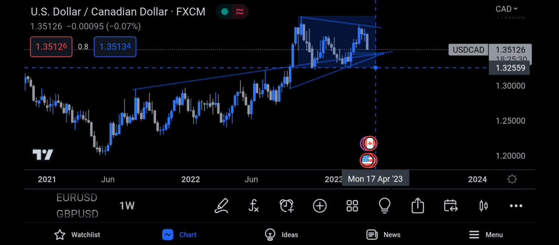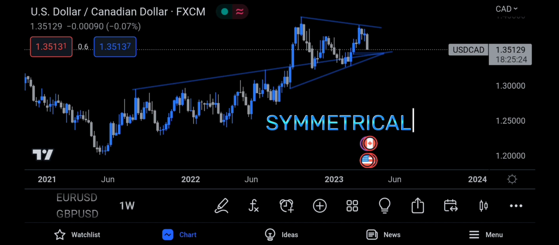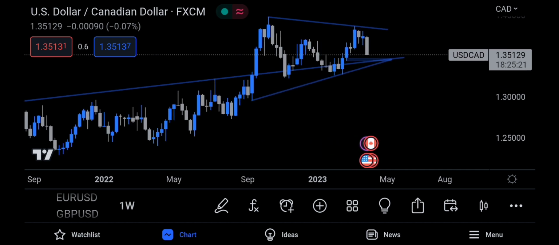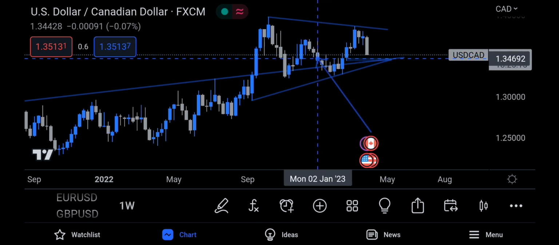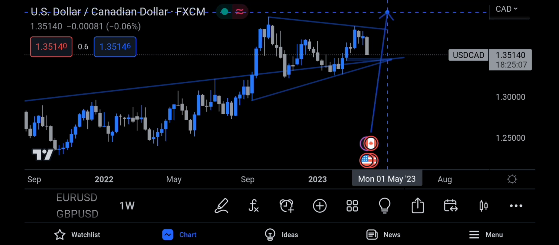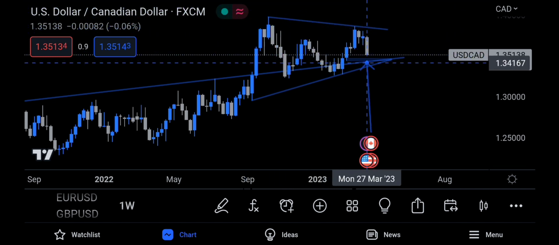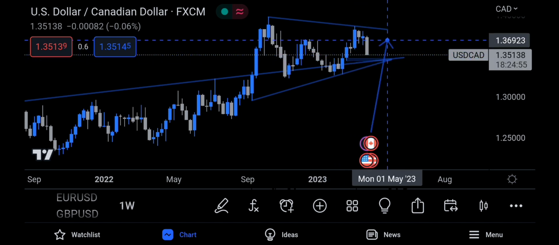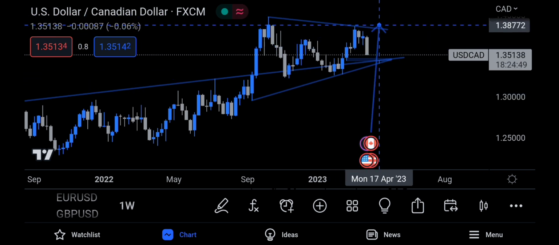This chart pattern is a symmetrical triangle, and here is a level of weekly resistance, which will now be acting as a support for us. There is every possibility of price hitting this zone for a possible continuation to the upside, at least to take out this first liquidity, these highs and these highs as well. There's a chance for price to hit into this zone, then we'll continue going to the upside.